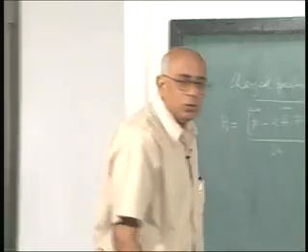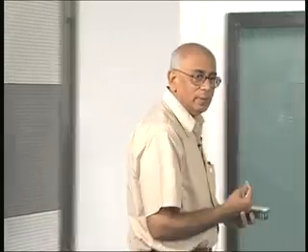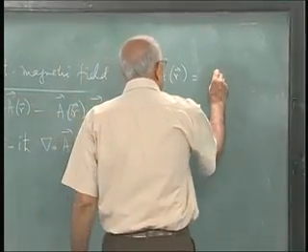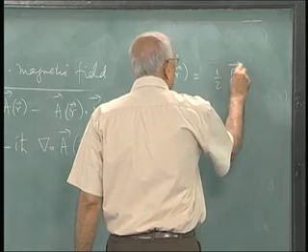And what is the solution? Does anyone know the famous representation for the vector potential? Curl A equal to B, but B must be a constant given vector. So what is A in terms of B, such that when you differentiate you end up with this? This is equal to half B cross R.